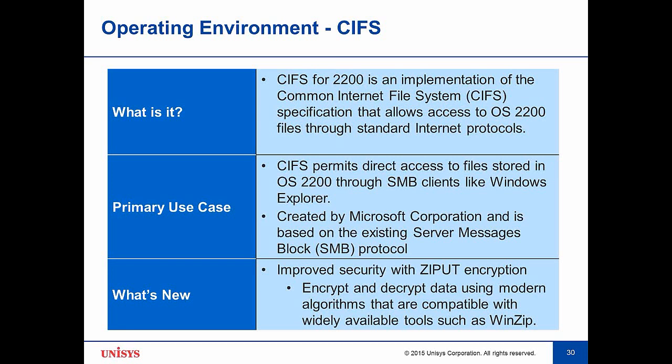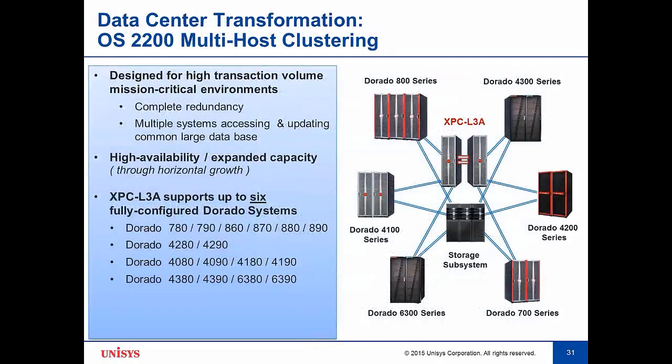We've also increased our host support to enable near nonstop processing to a maximum of all 6 hosts enabled on Dorado 800, 4200, 4300, and 6300 hosts. Host types can be mixed and matched as long as the above limits are not exceeded.